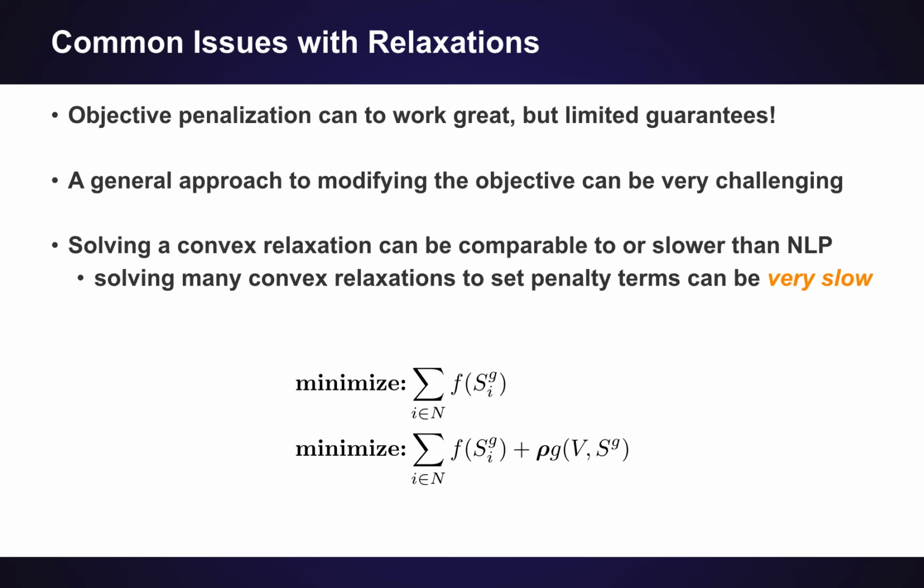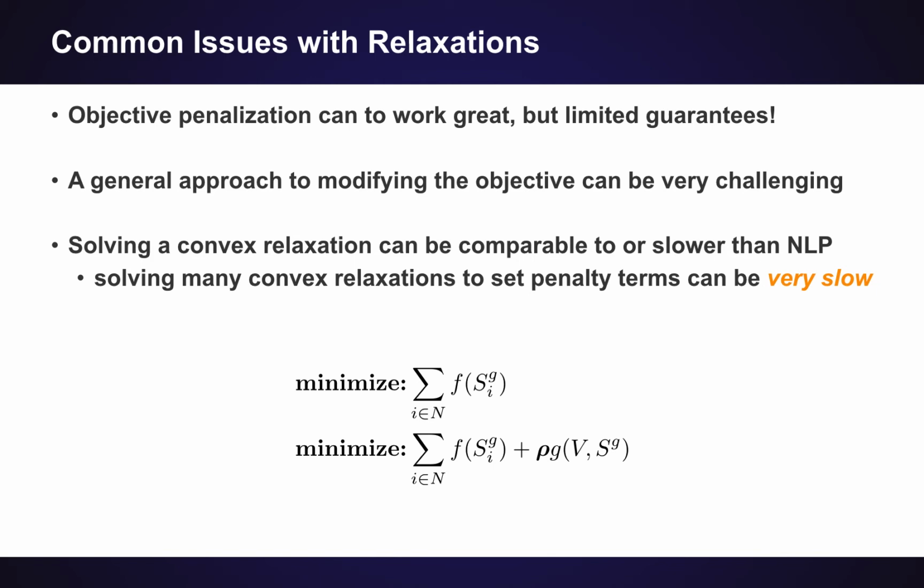Another important note about this is that one approach that often happens with these penalization terms is you solve the convex relaxation multiple times. So you solve it with no penalties, you observe it's not feasible, you assign some penalties by looking at the solution, you solve it again, you see it's closer to feasibility but not quite feasible, you add some more penalties, and you iterate like this.